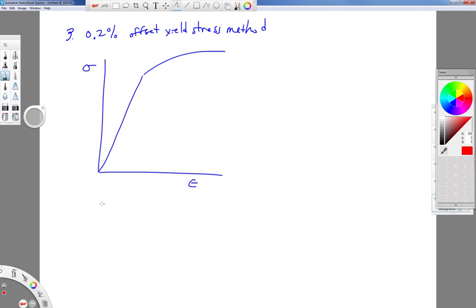0.2%, because it's percentage or things times 100, is corresponding to 0.002, whatever our units are, inches per inch for strain. And so what you do is you find along the strain axis 0.002, and you draw a line, not straight up, but you draw a line at the same slope as this initial portion of your stress strain curve.